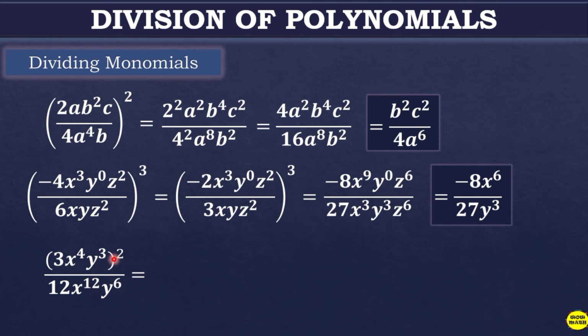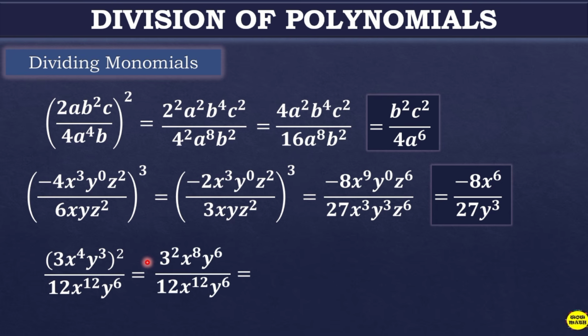Pero dito, since ito lang yung nakaparenthesis at ito lang yung may exponent, ibig sabihin itong exponent na to ay para lang po dito. So, wag po nating isasama yung nandito sa denominator. Kung ang parenthesis mo ay ganito, ibig sabihin sa kanilang lahat yan. Ito lang. Ibig sabihin para lang siya sa numerator.